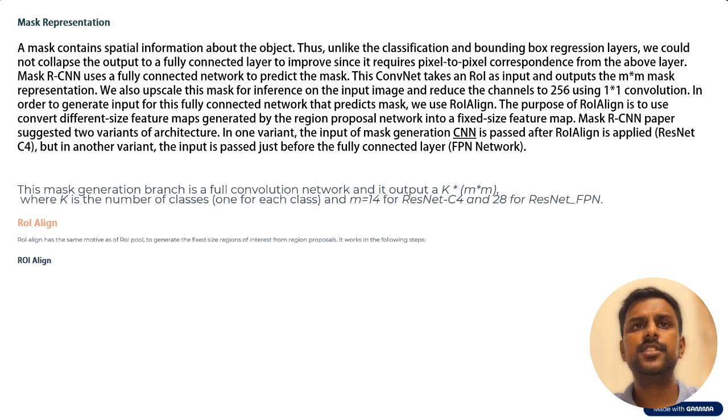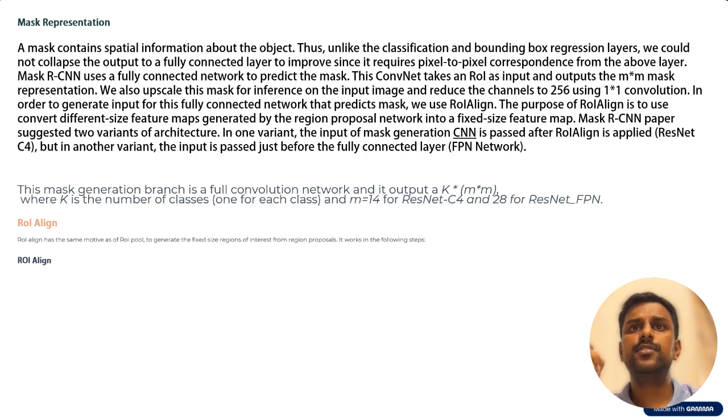Next, we have the mask representation. Mask representation is nothing but the spatial information contained about the object in terms of the mask layer. Unlike the classification and bounding box regression layers, we do not collapse the output to a fully connected layer, since it requires pixel to pixel correspondence from the layer above. So usually Mask RCNN uses a fully convolutional network to predict the mask.